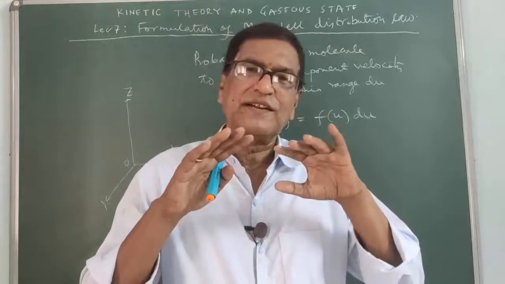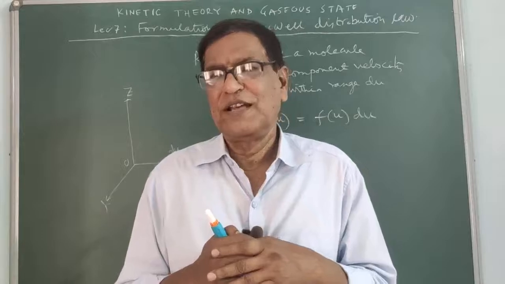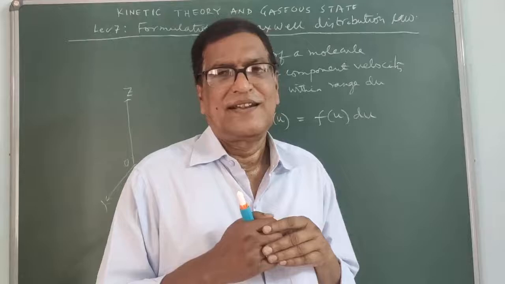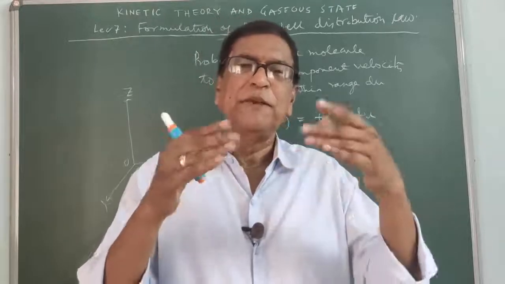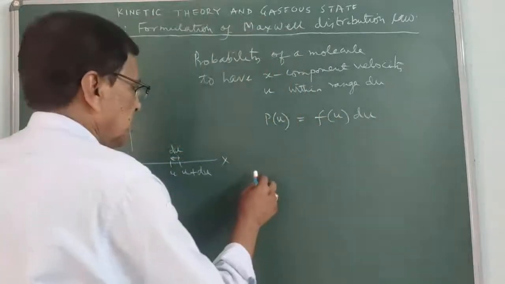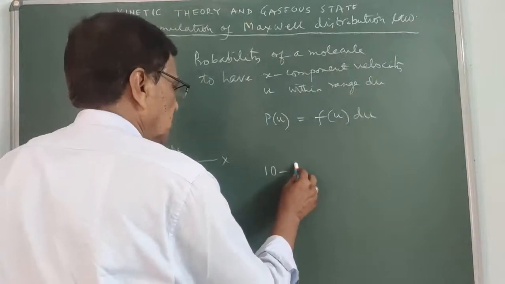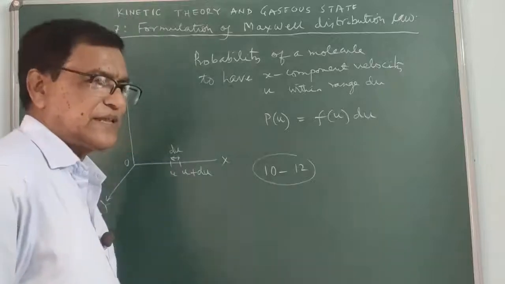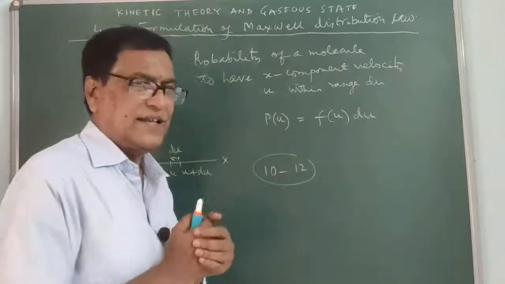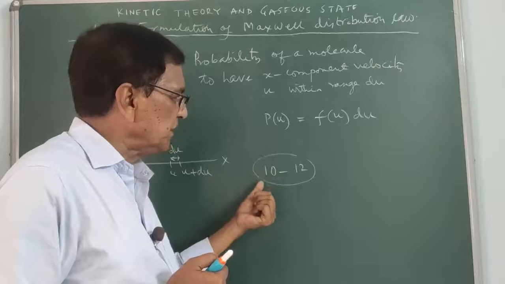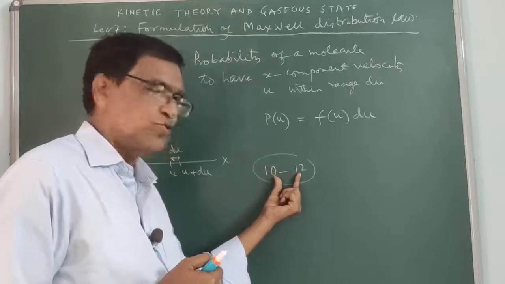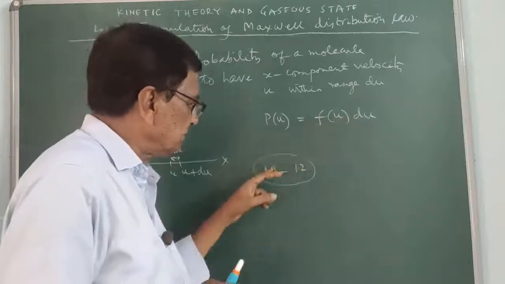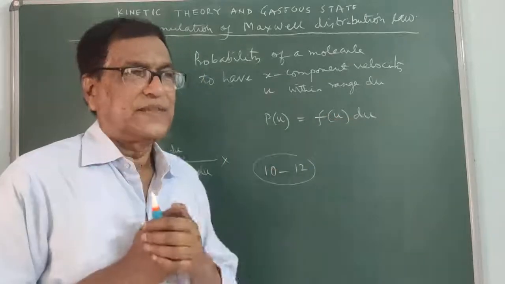If we try to guess the probability of a student to have money from 10 to 12 rupees, then this probability will depend on this range here, 2, and also on a function of u, here 10.